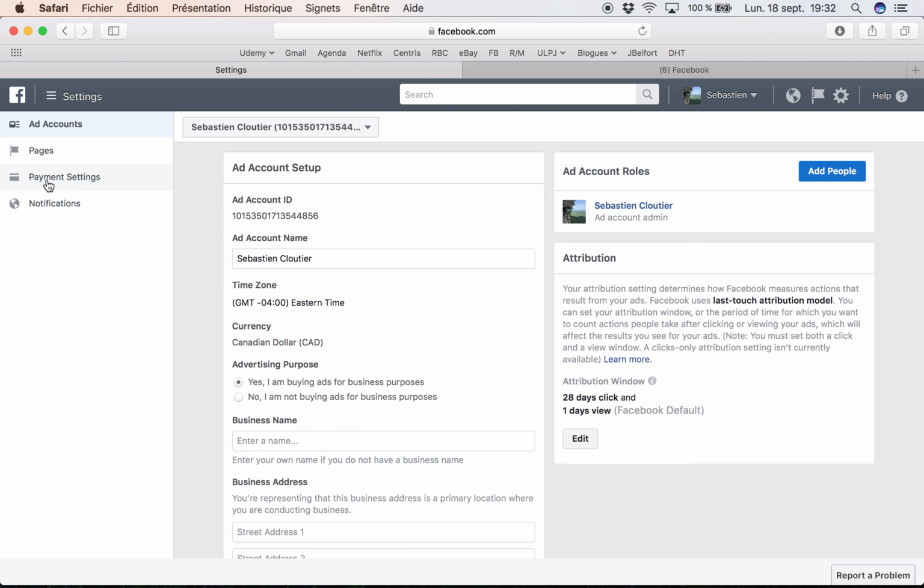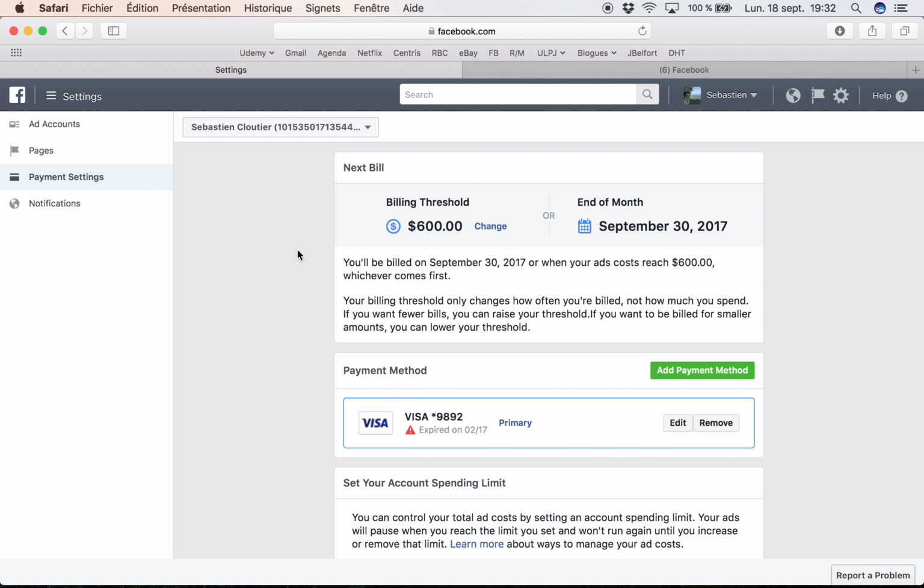So here, when it's going to ask you for your credit card information, you have to make sure that you leave this page. Here, payment settings is going to ask you about your billing threshold. Right there, I said to Facebook that it cannot place more than $600 worth of ads without billing my card. This is the max amount I'm willing to spend if I forget that I've got an ad running.